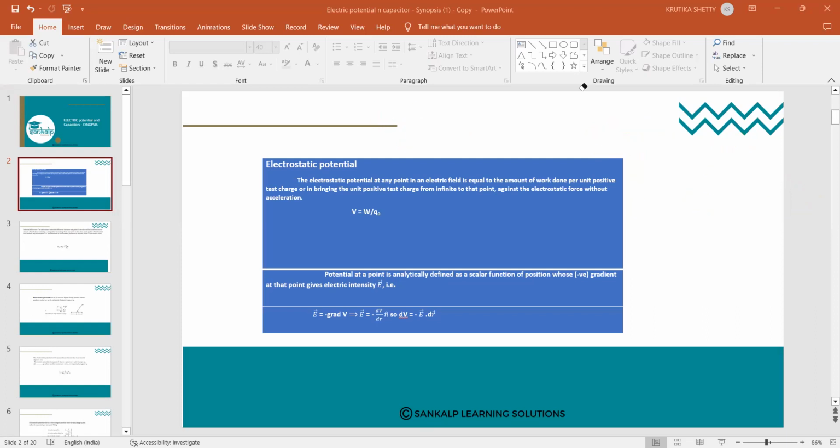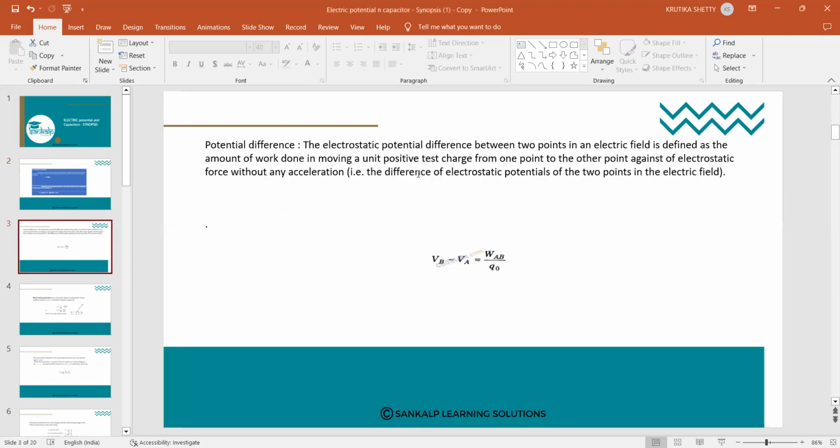Then the next concept, that is the potential difference. So now we have discussed the electric potential. Potential difference is nothing but we consider it between 2 points.